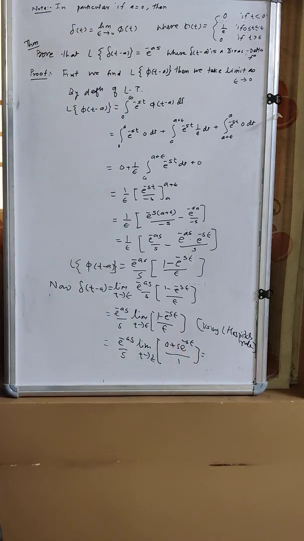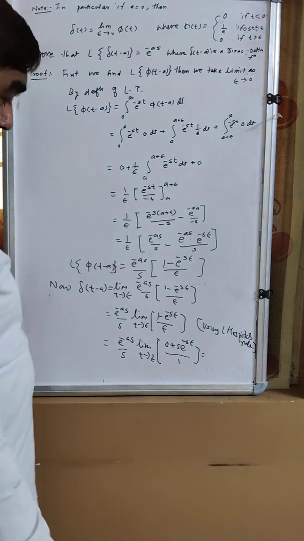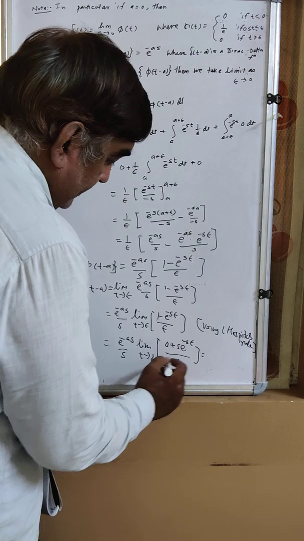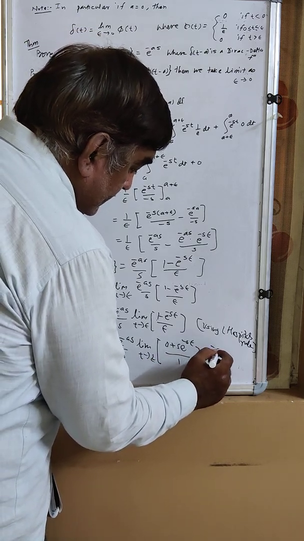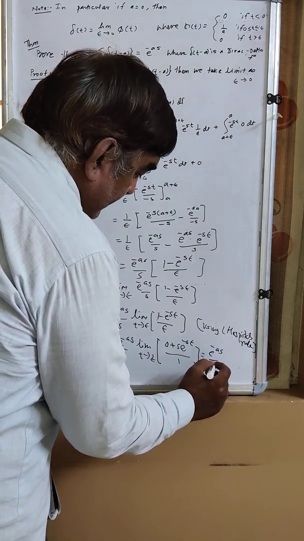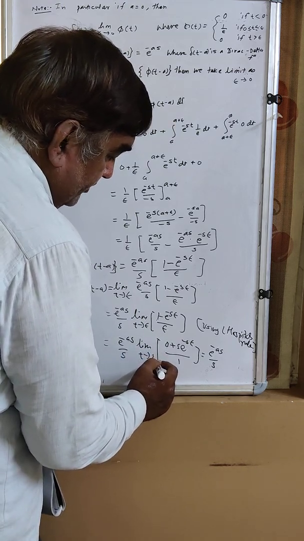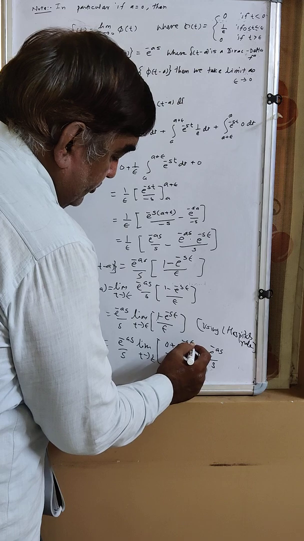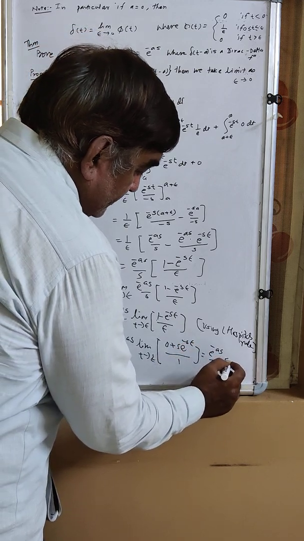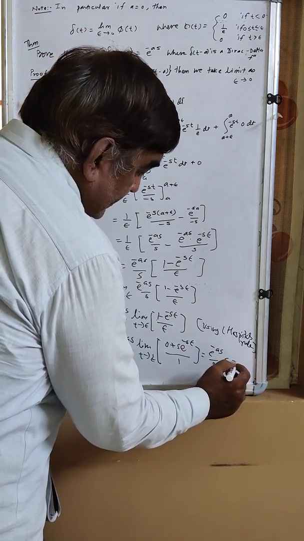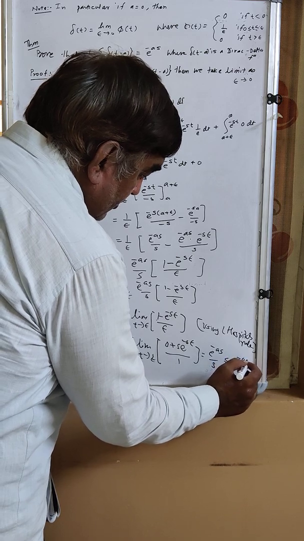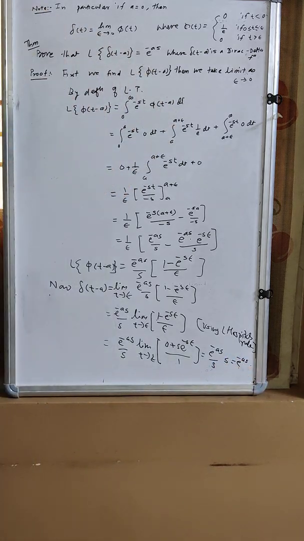Taking the limit, e raised to 0 is 1. The s's get cancelled, and we get e raised to minus as.